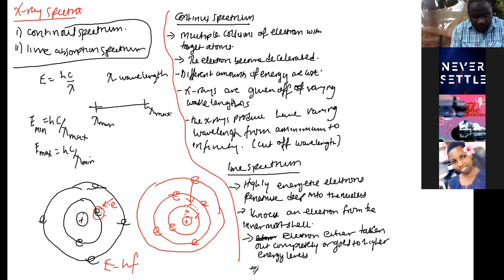What happens if a vacancy is left? A vacancy is left in the inner shell. When a vacancy is left, this puts the atom in an excited state. When it is in an excited state, the atom becomes unstable.